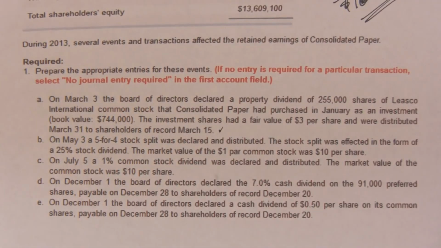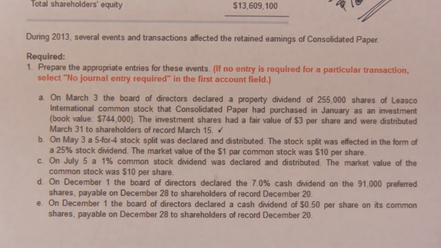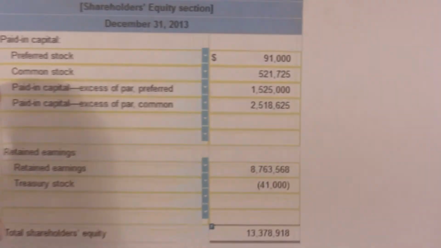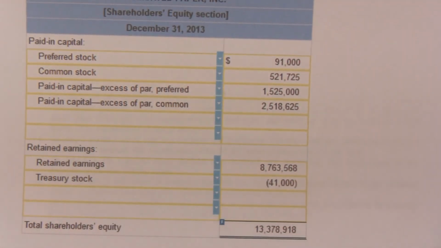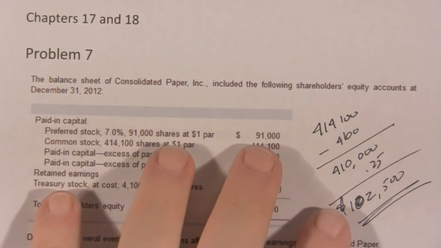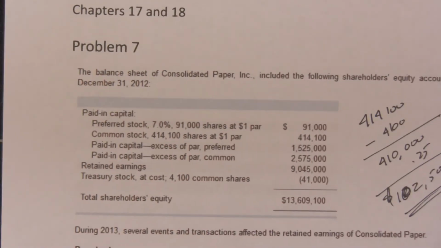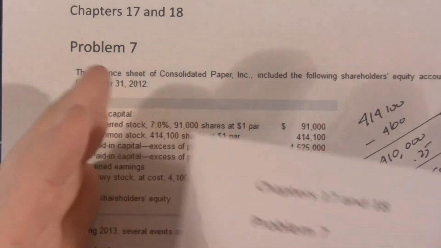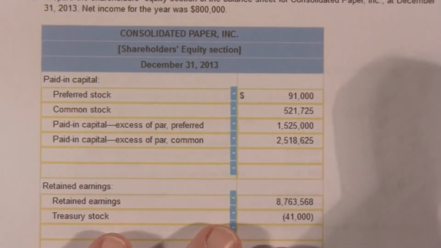Okay, the last thing it asks us to do is, based on what we have and based on our beginning capital structure, create an ending shareholders' equity section. Well, it's going to look just like this. Let me walk you through this so you see where all the pieces are and why the pieces are where they are, okay? This we just picked up from there. We picked up that from there, 91,000.